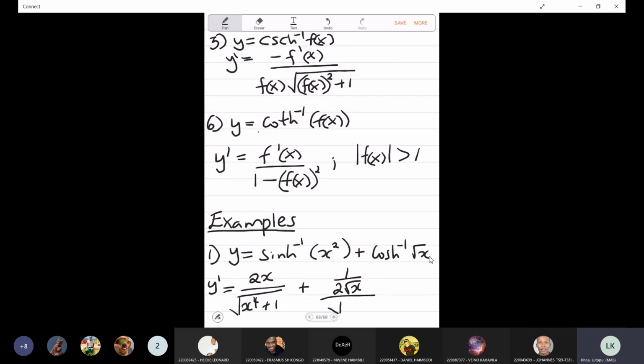Then in the denominator, we have this function squared. So we say square root of x squared, which is just equal to x, and then minus 1. So you always want to simplify as far as possible, so it looks nice.